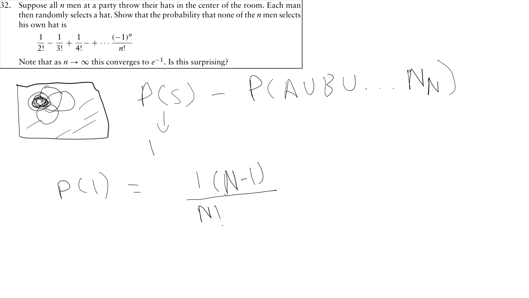If 1 is correct, then the remaining can be arranged in (n minus 1) factorial ways. So this is the number of sample spaces where A is correct. Now we want to do it for every element: the probability that any one of the elements is correct.